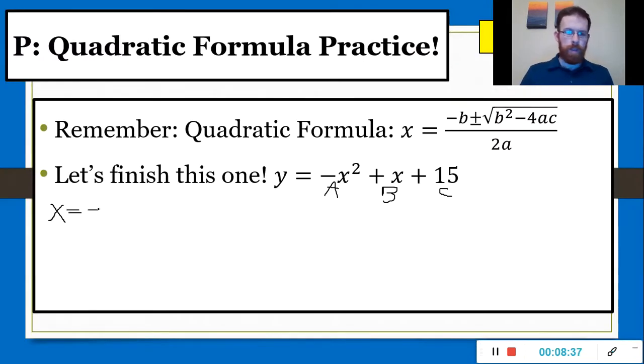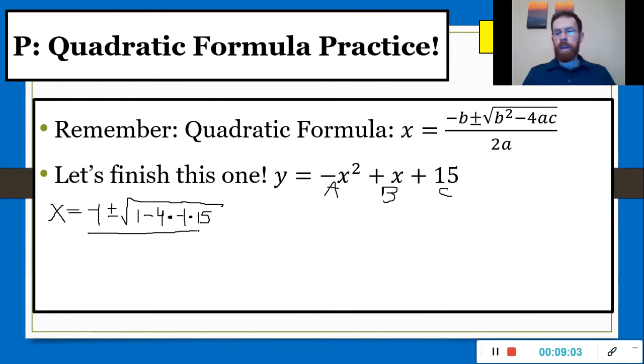Alright, x is equal to a negative 1, because since that's a positive 1 there, this one's going to be a negative 1, plus or minus the square root of 1 squared, which is just 1, minus 4 times a negative 1 times a 15. Now, negative 1 times 2, since that's a negative 1 up here and we're trying to figure out the denominator, would be a negative 2.